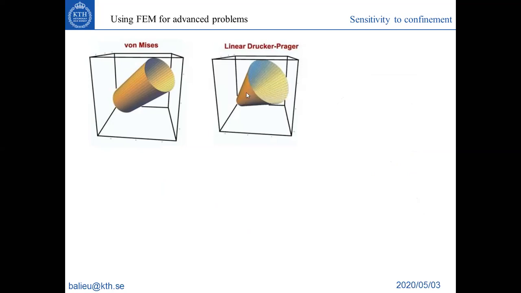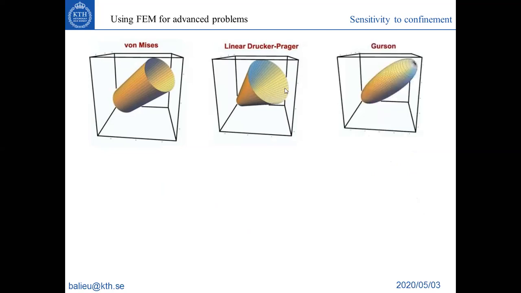So here is the linear Drucker-Prager in 3D. So the axis of this cone is the hydrostatic pressure. So along this hydrostatic pressure, you can model the difference between tension and compression. So when the diameter is smaller, it is under tension, and when the diameter is higher, it is under compression.